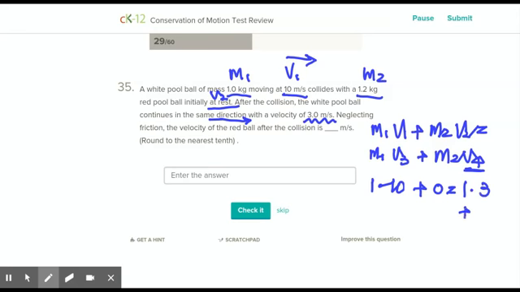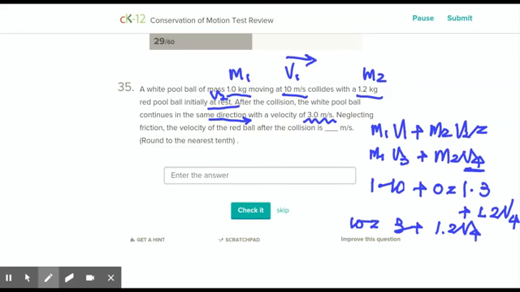Plus M2, which is 1.2, times V4. Okay, so 10 equals 1 times 3, which is 3, plus 1.2 times V4. 1.2 V4 equals 7.